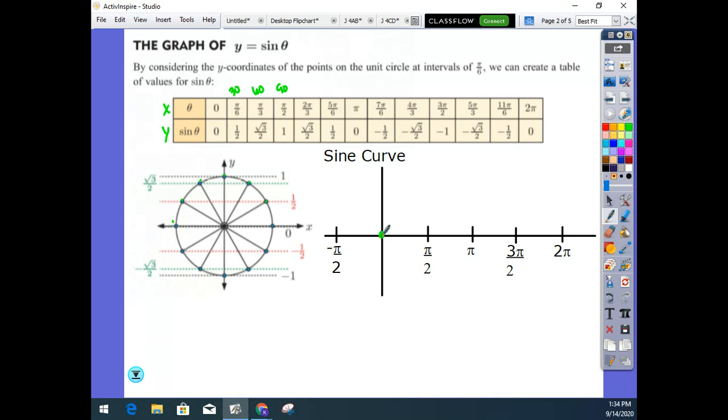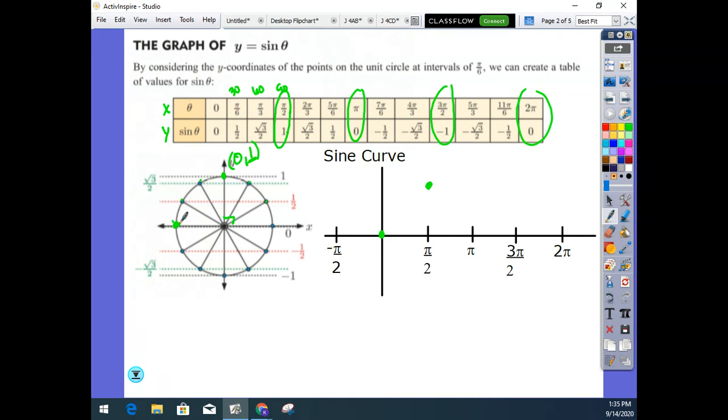All right, so this is my x, this is my y. Sine starts out at 0, 0. I'm going to focus on multiples of pi over 2, and everything else is just in between. At pi over 2, my y value is 1, because on the unit circle this coordinate is 0, 1. My y coordinate at 90 degrees is 1.